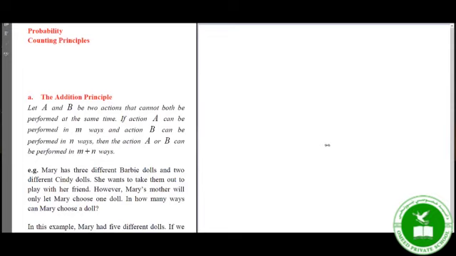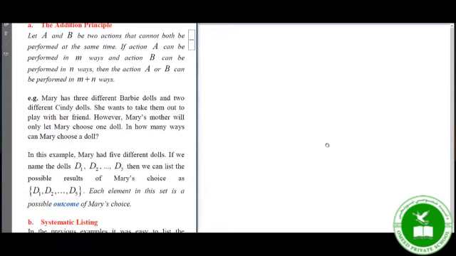One of them, as I said to you, is the addition principle. If we have 2 different actions that cannot be performed at the same time, in this case we use the addition principle. For example, as you see on the screen, Mary has 3 different Barbie dolls and 2 different Cindy dolls.